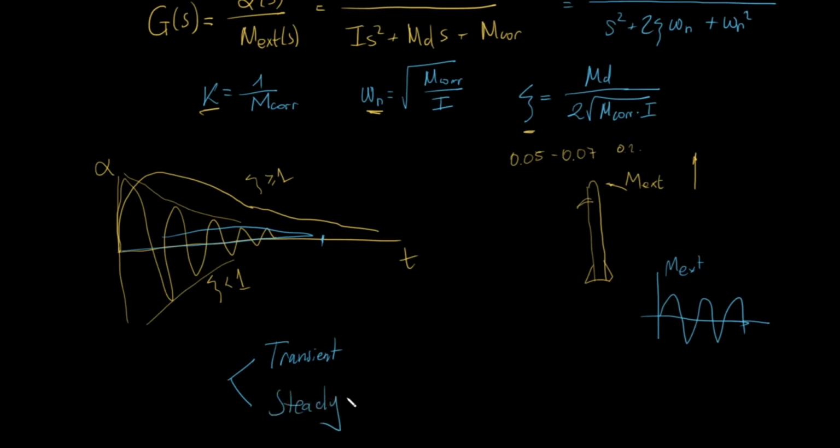So not this part of the response, not maybe the initial seconds, but how the rocket is going to react after a few seconds when alpha doesn't depend on time. So first we're going to check the transient response, and then we're going to check the steady.